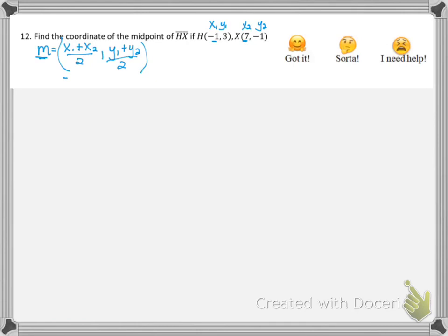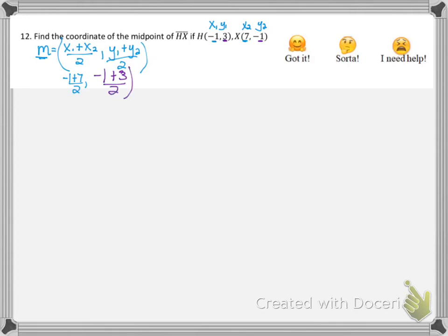So it's -3 plus 7 divided by 2. The next thing that we're going to be looking at is the y values. So you're going to take these y values and you're going to add them and divide it by 2. So we have -1 plus 3 divided by 2.